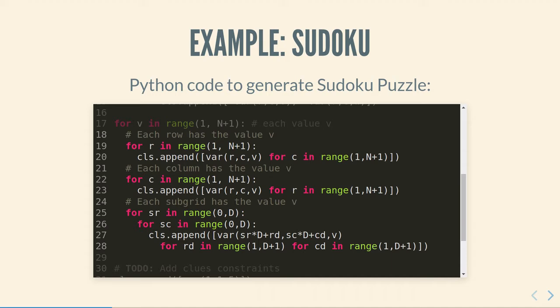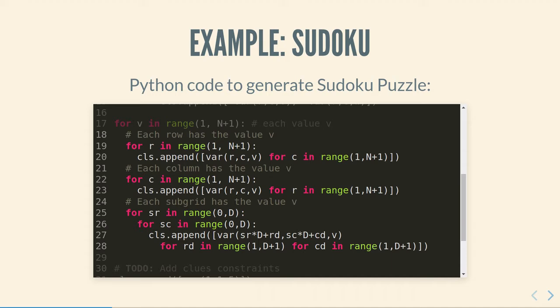So variable RCV for the range of C in the row R for the value V must be true. One of those variables must be true. So let's say R is 1 and V is 1. So variable R11 1 or R12 1, R13 1, R14 1, etc. So the value must be in the first row.